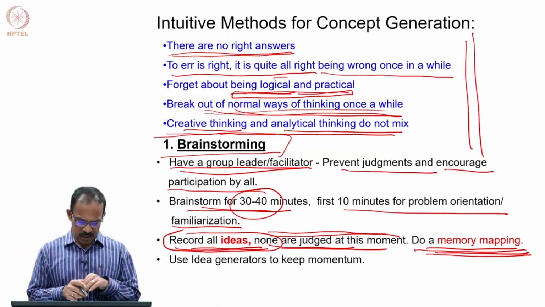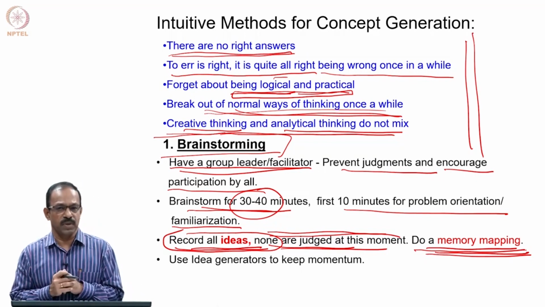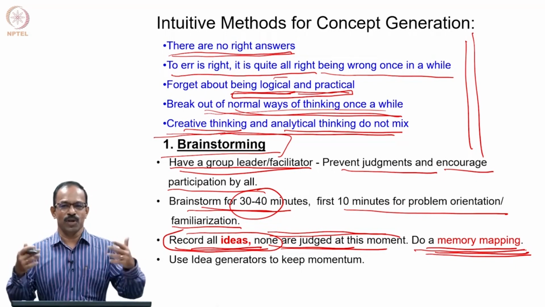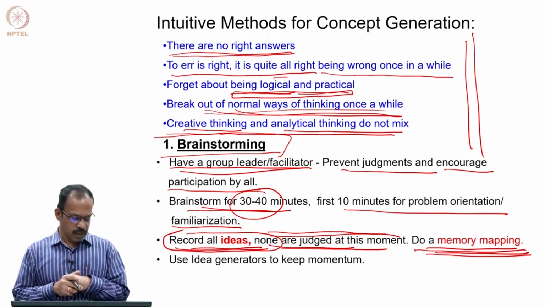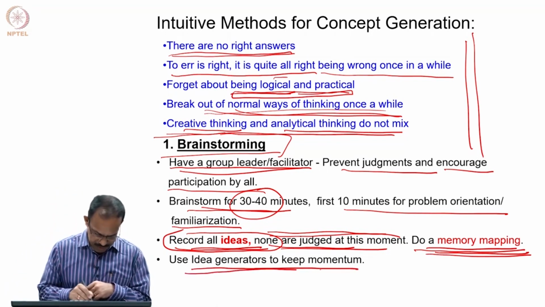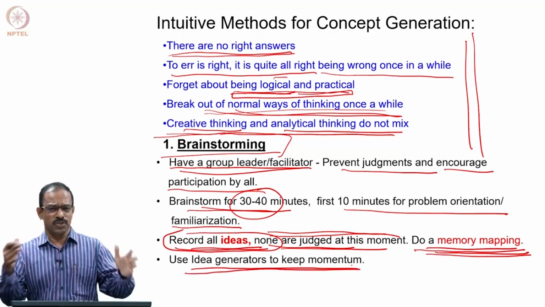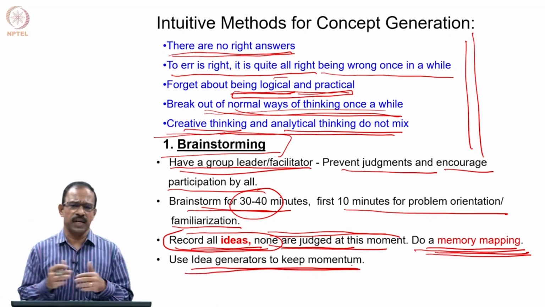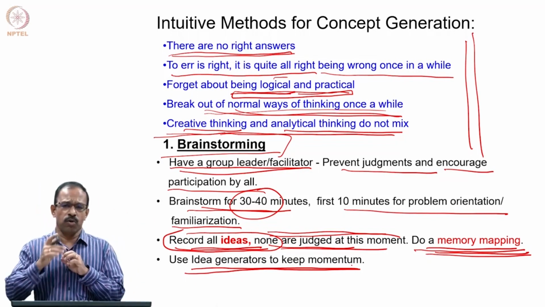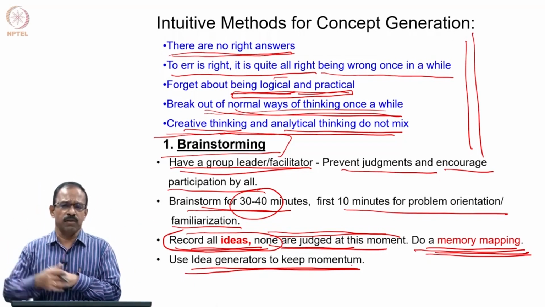And as you progress with the brainstorming session, sometimes there will be silence because nobody is able to come up with new ideas. Then we need to have something called idea generators to keep momentum. Idea generators are some kind of questions or tips given by the team leader, such as, "What about this method?" or "How is this being done in a particular industry?"